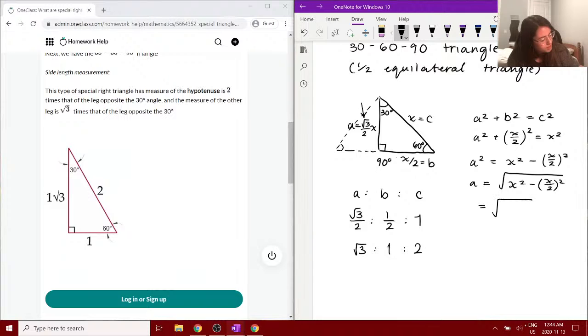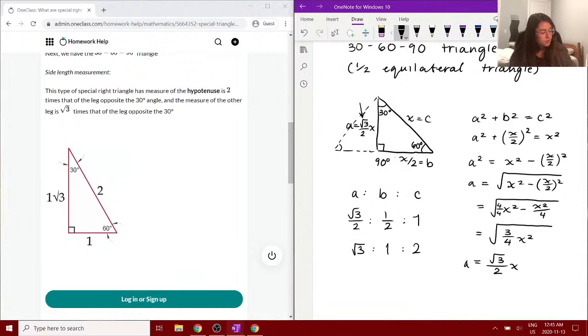If we expand that square bracket, we have x squared on top and 4 on the bottom, and if we subtract the fractions, because we can imagine this x squared is 4 over 4, we get 3 over 4 x squared, which gives us root 3 over 2 x when you apply the square root to everything underneath it.